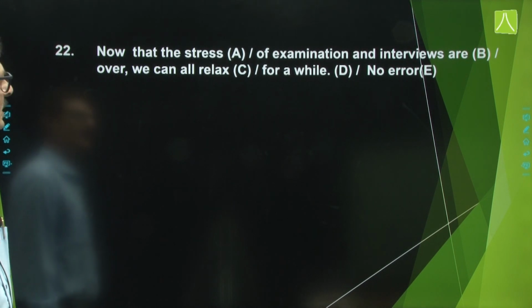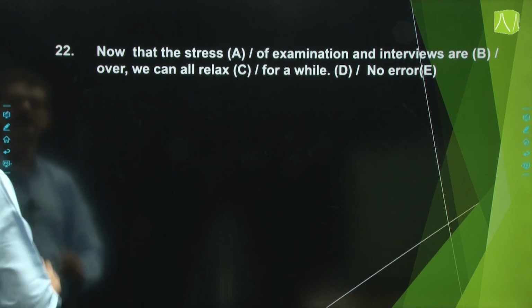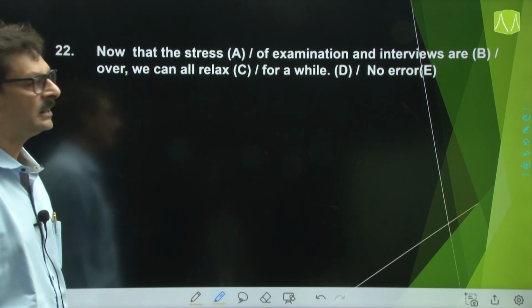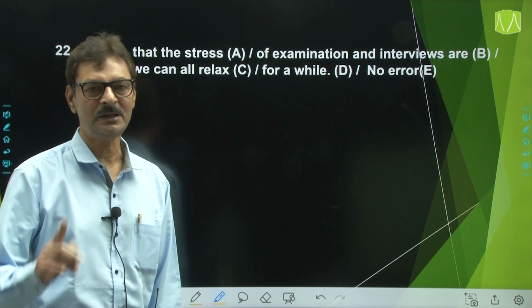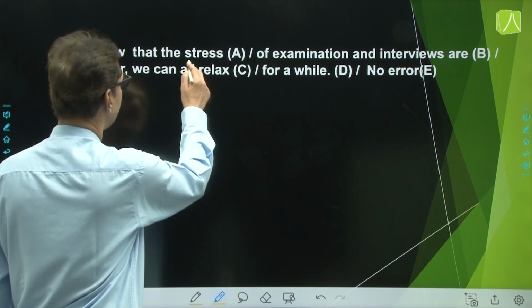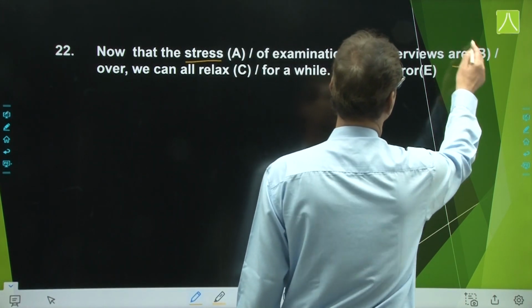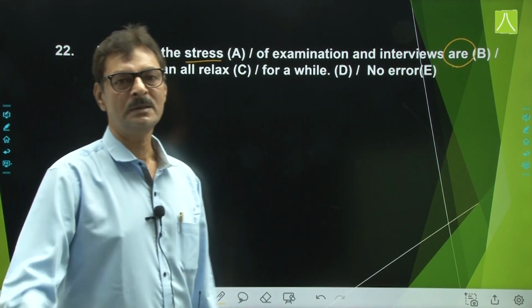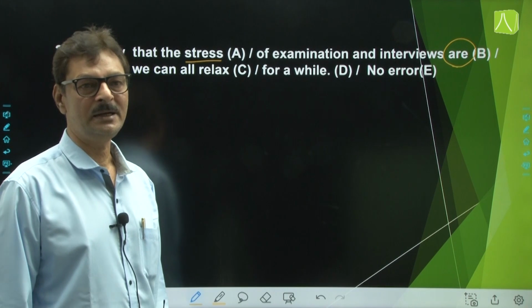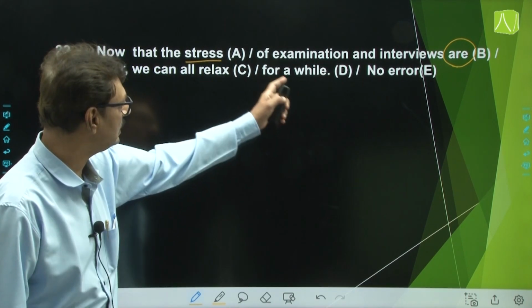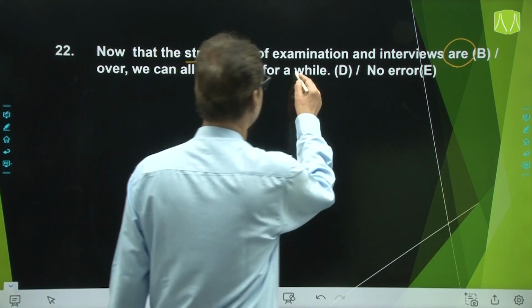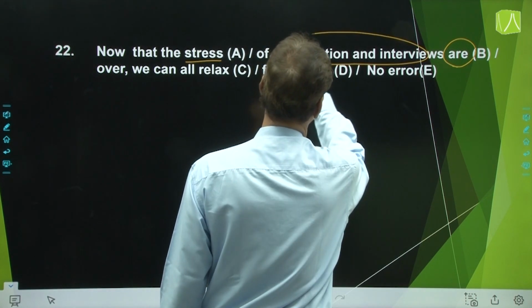Now that the stress of examination and interviews are over. The verb depends on the subject and not with the complement. Remember that rule. याद होगा. किसकी बात कर रहे हैं? स्ट्रेस की बात कर रहे हैं. Simple error is identified. We are talking about stress, not about the examination and interviews. So इससे कहीं अबे मत हो जाना.